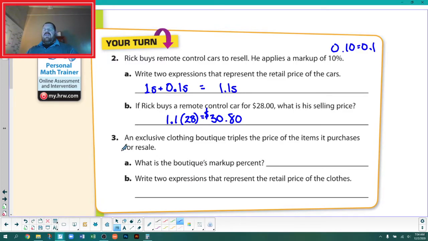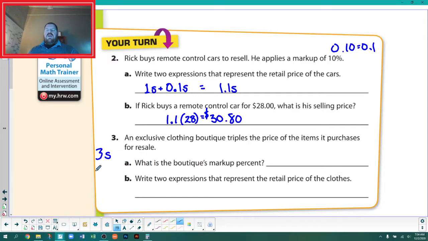Next one says that an exclusive clothing boutique triples the price of the items it purchases for resale. What is the boutique's markup percent? If I want to triple the price of something, I'm thinking I'm taking the price that I bought it for, and multiplying it by 3.